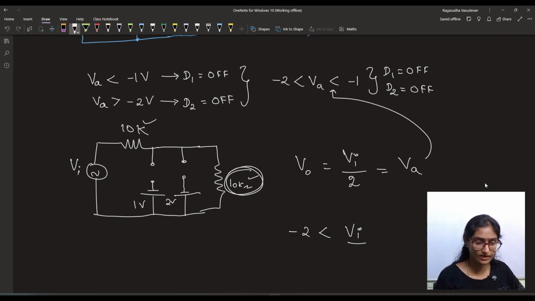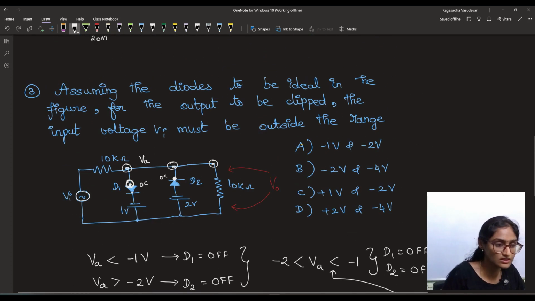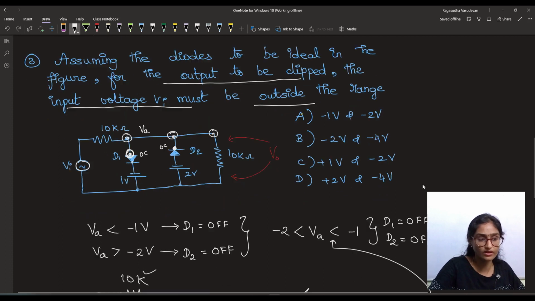Vi by 2 is between minus 2 and minus 1, because we have found out the value of V0 for which the diodes are off. We are asked to find out the value of Vi for which the output will be clipped. See, for the output to be clipped, the input voltage must be outside the range of what? Okay, that is the question.